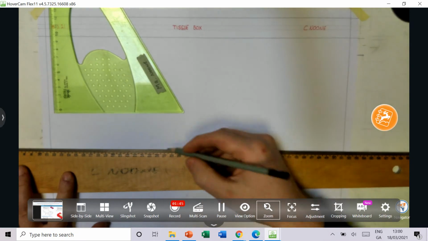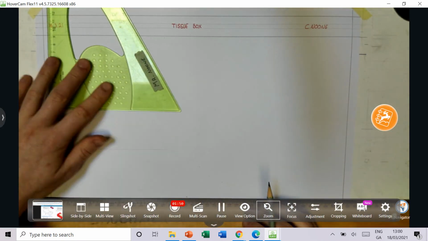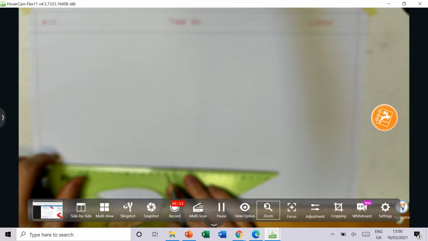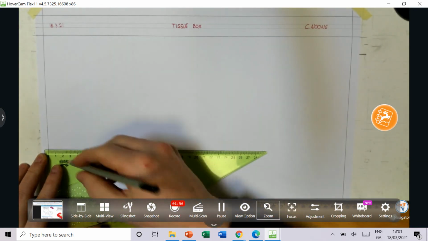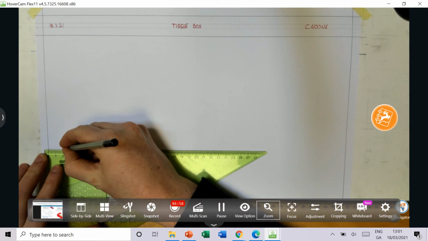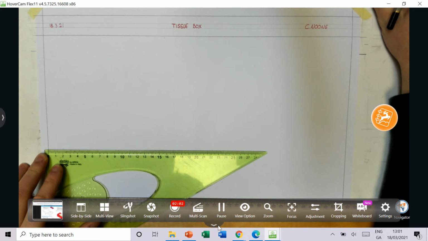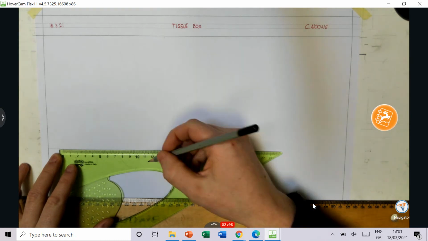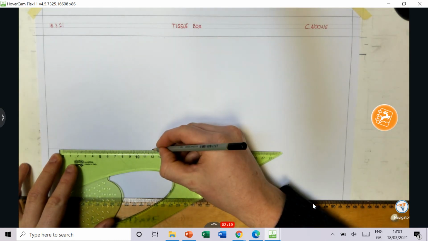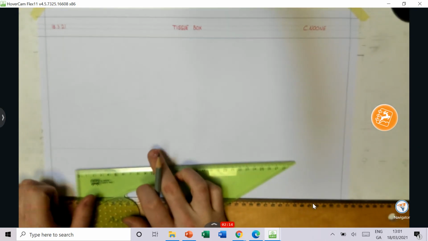And just about halfway across the page, I'm going to draw a line, and that's going to be my XY line in just a moment. The width of that is 120, so I'm going to measure in 20 mil, and from that point 20 mil in, I'm going to measure in 120. So both of these points are now 120 mil away from each other.